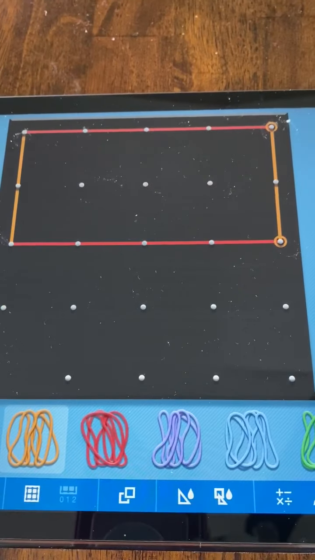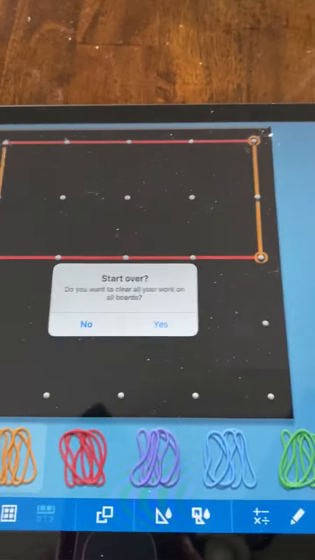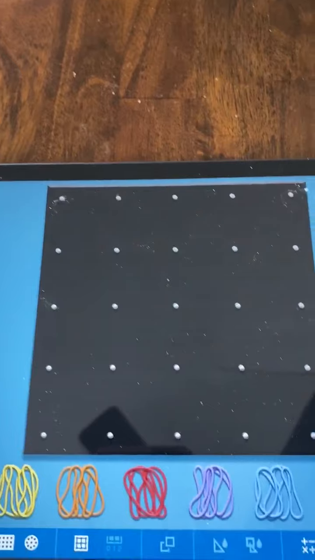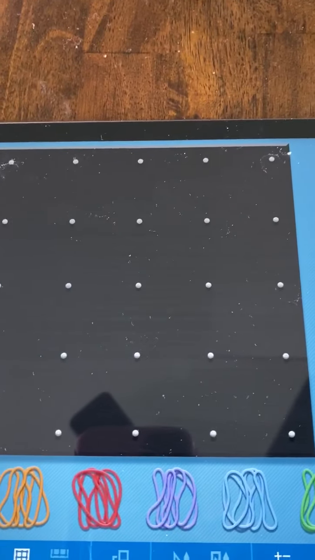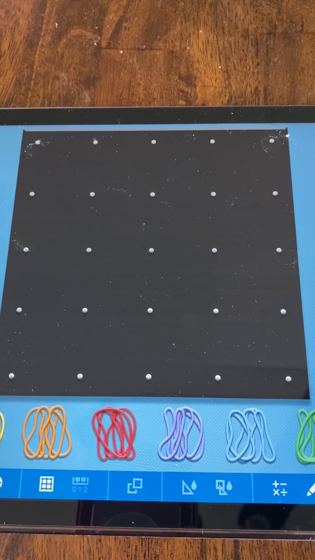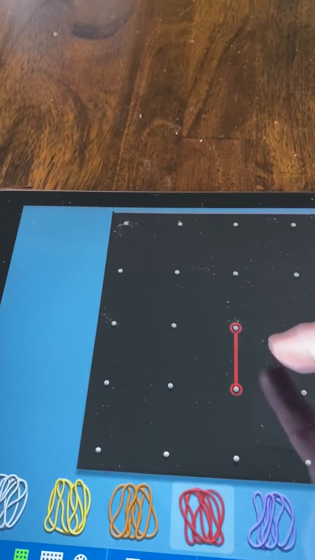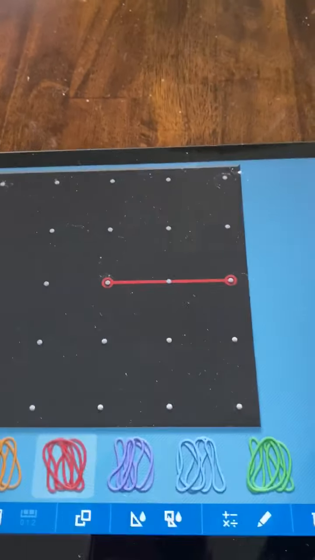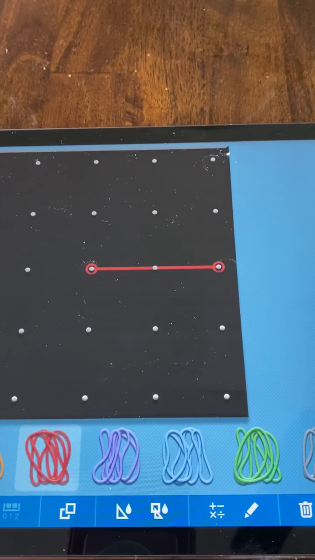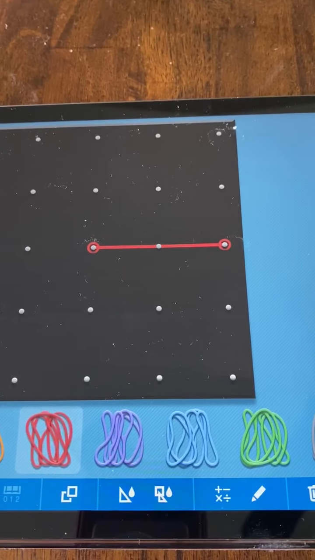Okay. Now, I am going to make one more shape with you guys. I want to clear my board. I'm going to give you some clues. The geoband for one side of my shape stretches from the center peg on the geoboard two pegs to the right, okay? So here's my center peg and 2 pegs to the right. Let's make another side of the shape. The geoband for this side is parallel to the first geoband and is 2 pegs below it.